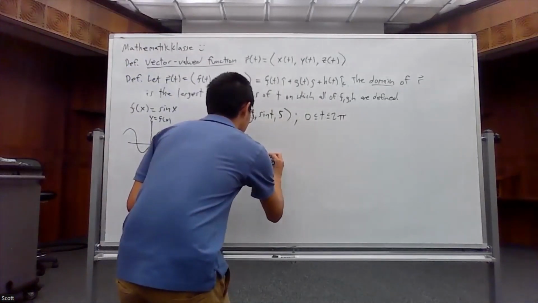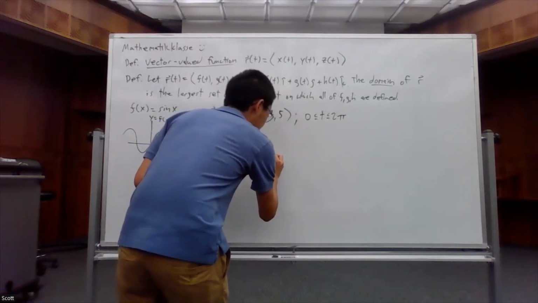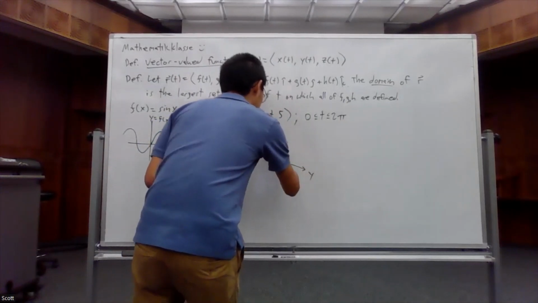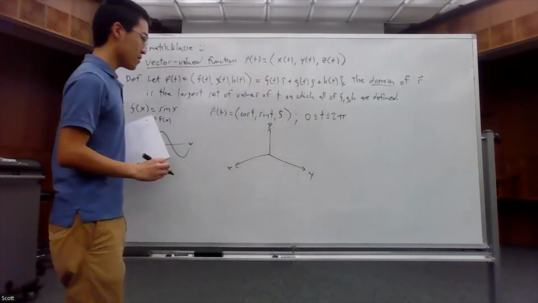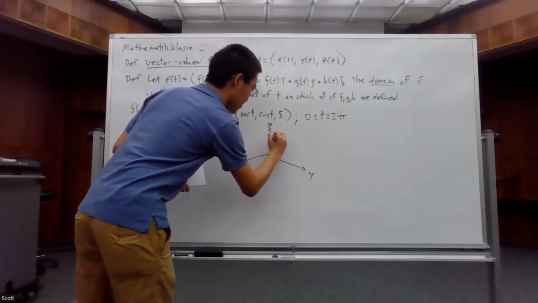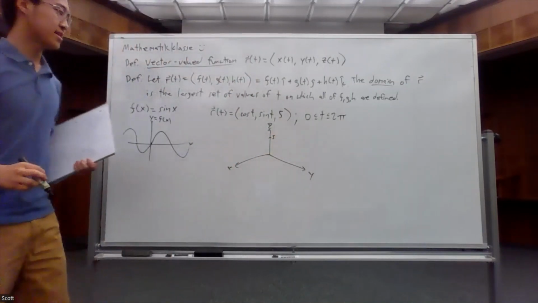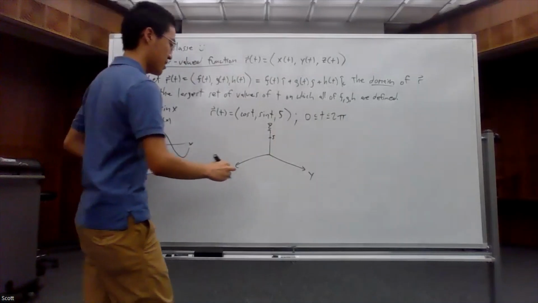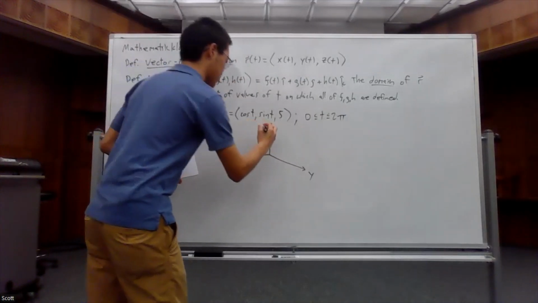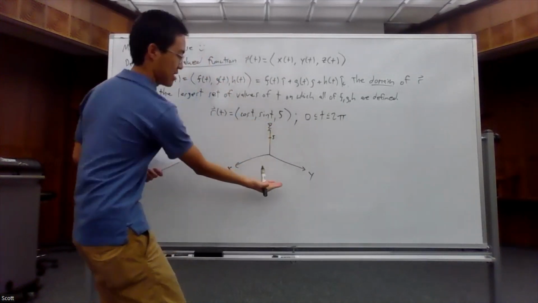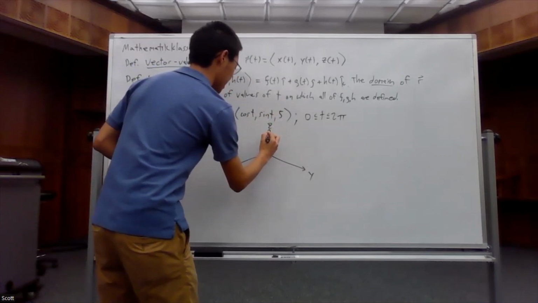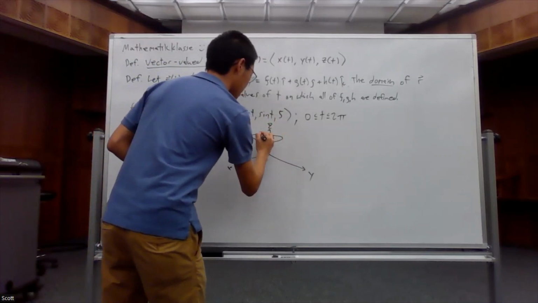So here is our x. Here's our y. And we're going up z. So if this is the constant right there in z, then we have essentially a unit circle going on, but up at this raised elevation. So we've got this circle going around.